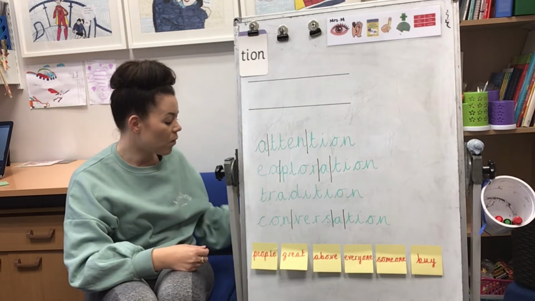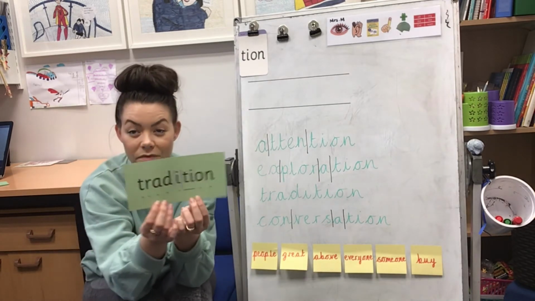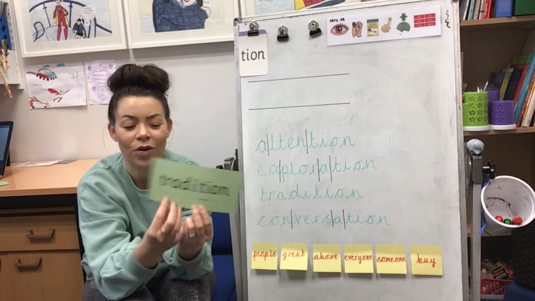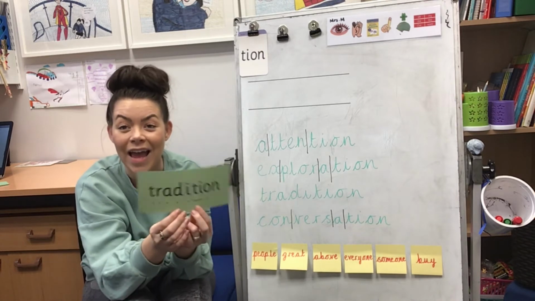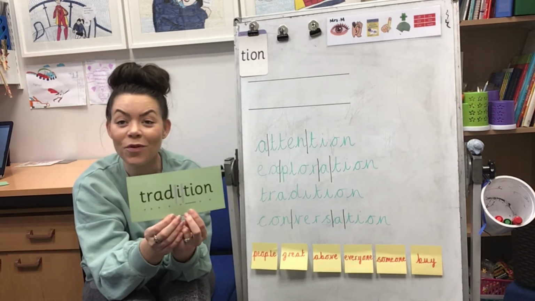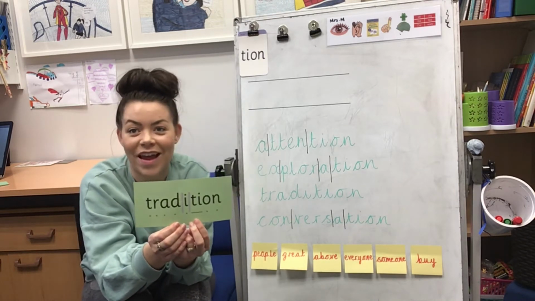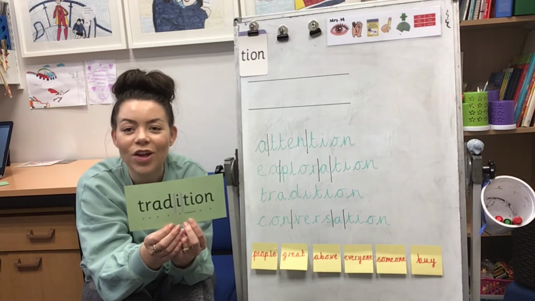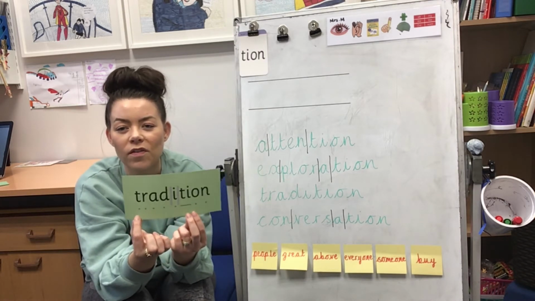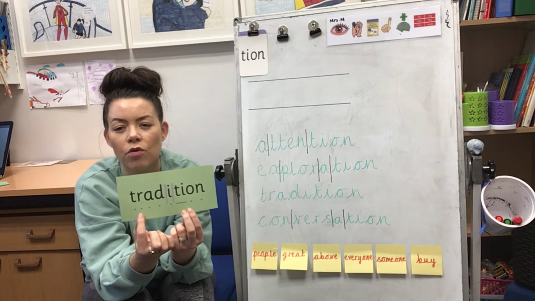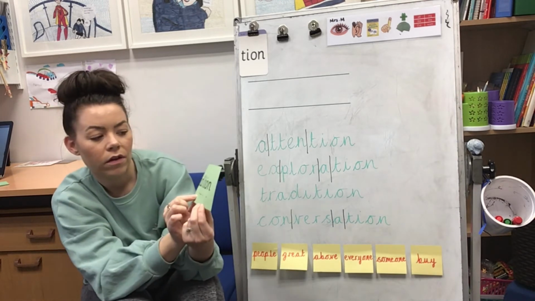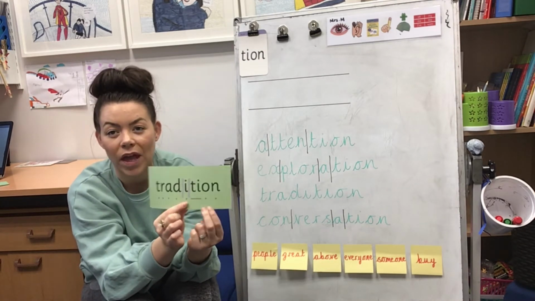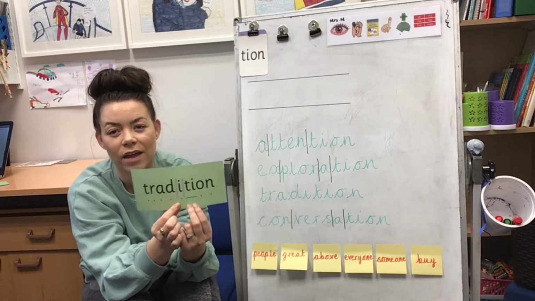I'm going to show you an example of one now. So this word looks really long. It's got 1, 2, 3, 4, 5, 6, 7, 8, 9 letters. Some of you might not have even read a word that is that long before, but we can do it. So it's still got its sound buttons on. So we've got t, r, a, d, i, and then shun, okay, which is our sound for today.